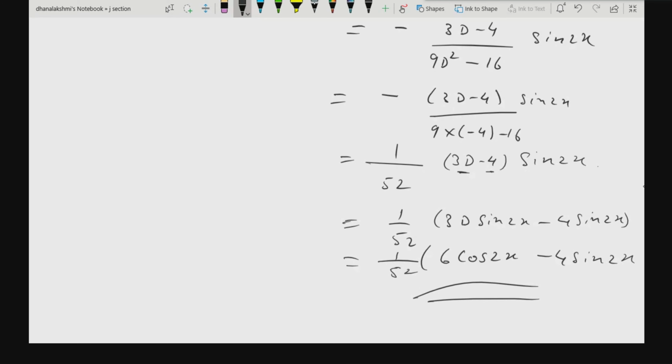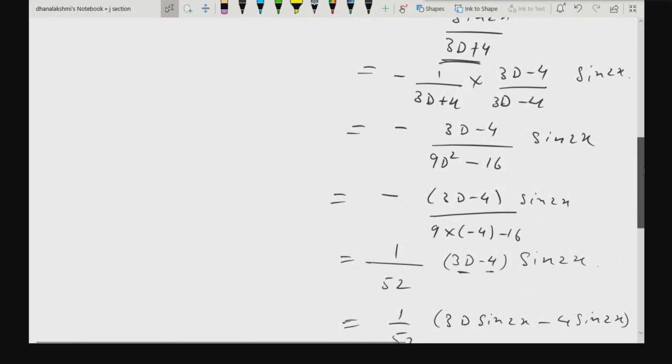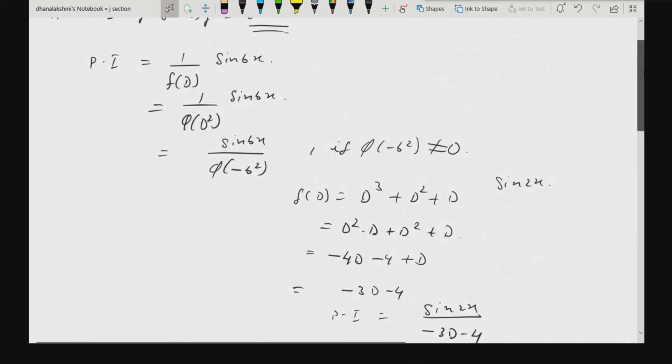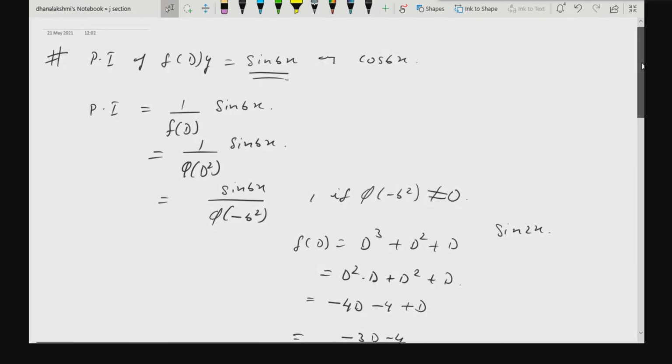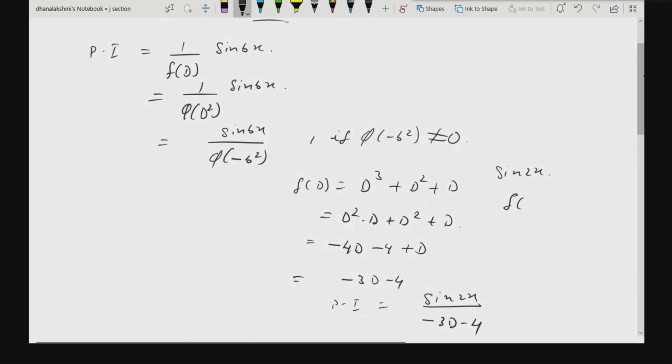Hope you are able to understand this point. This we are able to do only in which case? When f of D square is not equal to 0, then the particular integral. Sometimes you will get a direct question. Suppose for the same sine 2x, I write my f of D as 4D square plus 4.